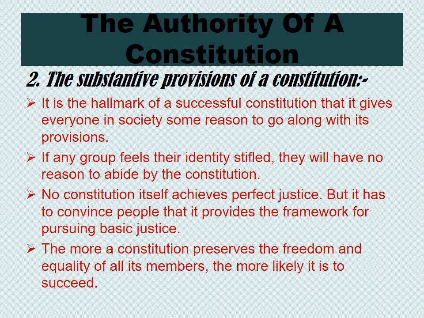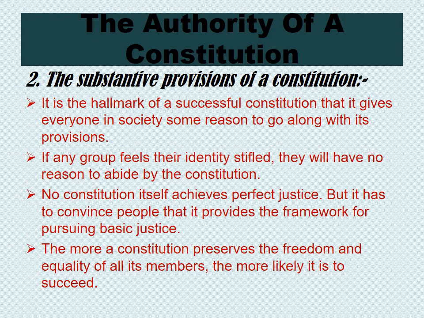It is the hallmark of a successful constitution that it gives everyone in society some reason to go along with its provisions. A constitution that, for example, allowed permanent majorities to oppress minority groups within society would give minorities no reason to go along with the provisions of the constitution.